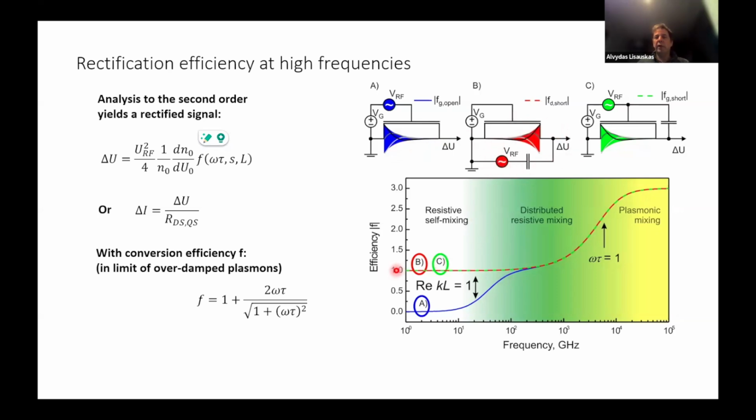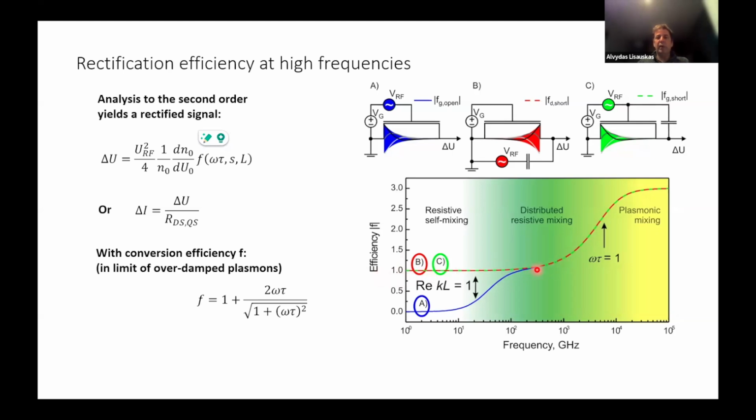But we have immediately rectified voltage here, which is the so-called classic resistive self-mixing. And it is very well known that transistors are good rectifiers, although this is the least used application of a transistor. One would use it for amplification in this frequency range. So the key statement is that the phenomenon was actually well known.